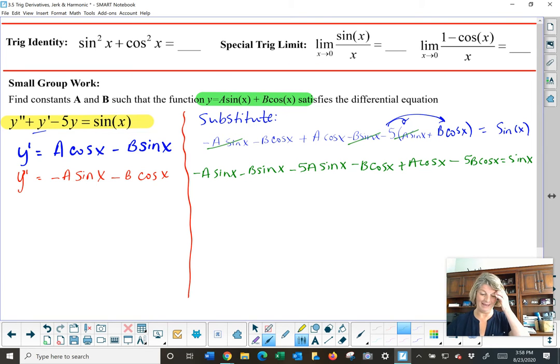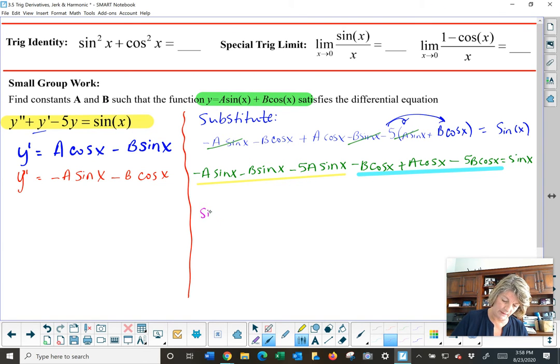I made it. Okay. Now what? Well, I'm going to highlight these three terms. I've got a sine in common. In these three terms, I have a cosine in common. So I'm going to GCF each of those out. That will give me a sine x coming out, leaving negative a minus b minus 5a.